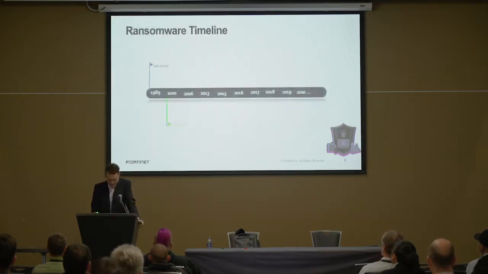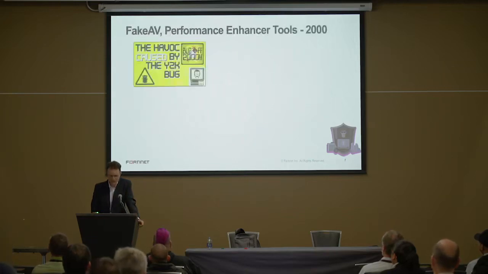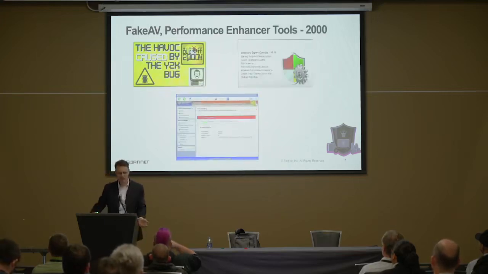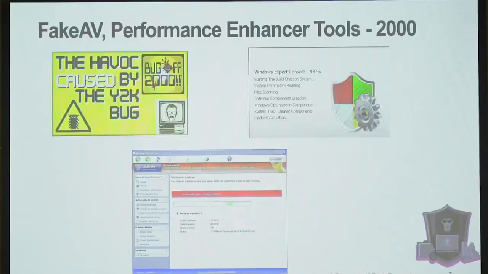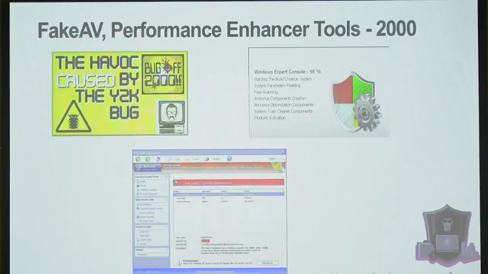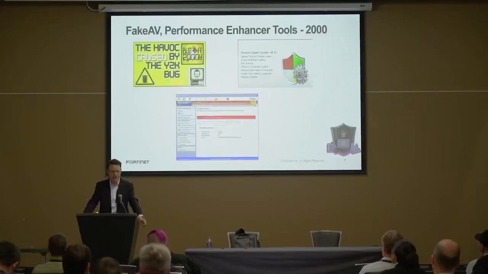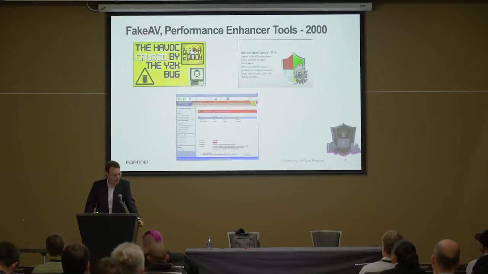And then in the 2000s, when everybody was worried about the year 2000 bug, we had a couple of what they call fake AV and performance enhancement tools. Those were mostly distributed through torrent sites or websites or drive-by downloads, where you would install something that would theoretically enhance the performance of your computer.